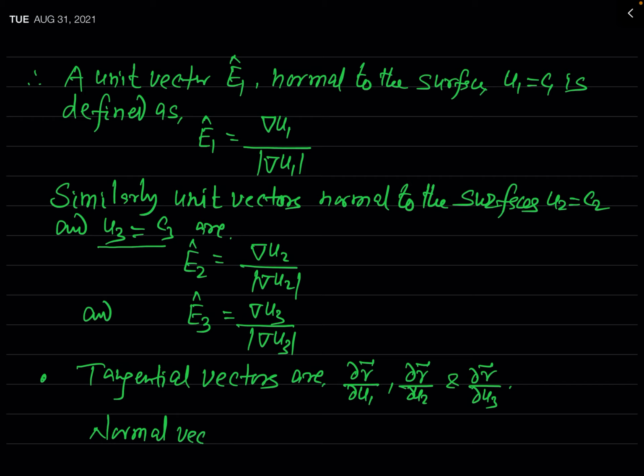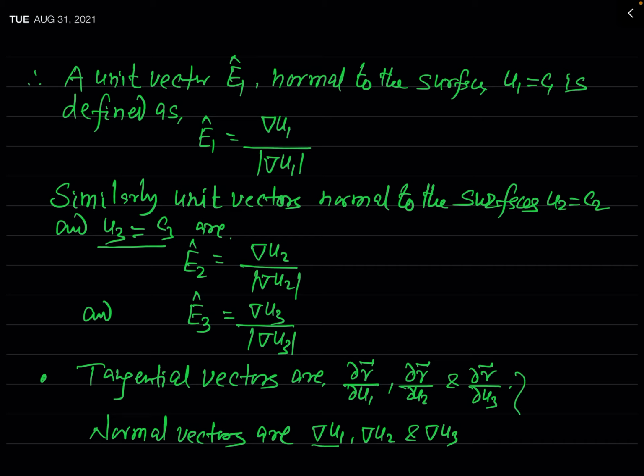So the normal vectors are del u1, del u2 and del u3. These vectors are normal to the coordinate surfaces u1 equal to c1, u2 equal to c2 and u3 equal to c3.